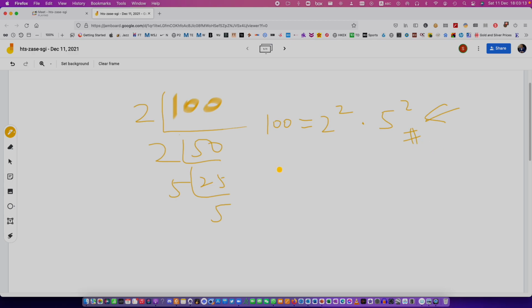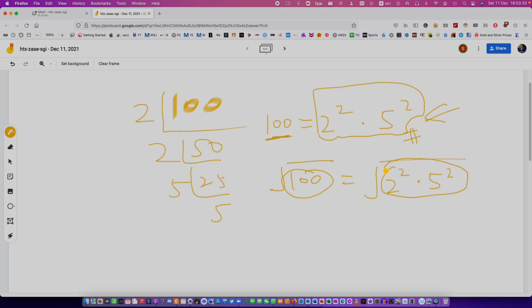Now if you are asked to square root 100, can you see that your 100 is already given by this? So you just replace your 100 with 2 to the power of 2 and 5 to the power of 2 inside. Once you have this, you split: square root 2 to the power of 2 times square root 5 to the power of 2. I change the color.